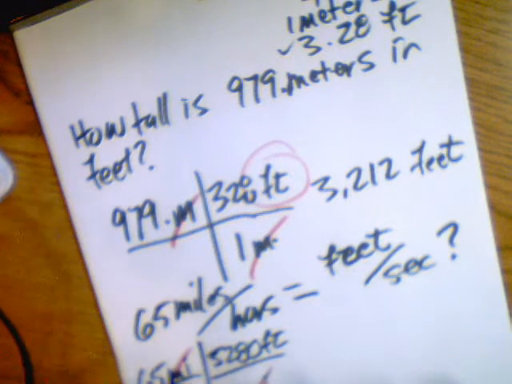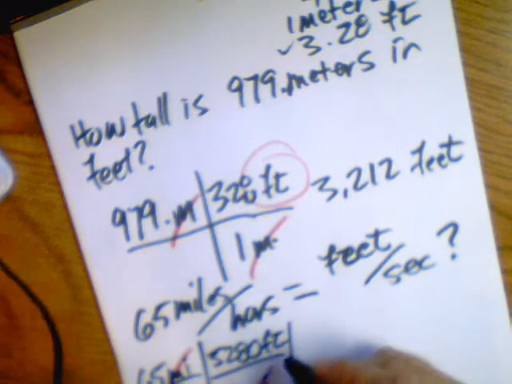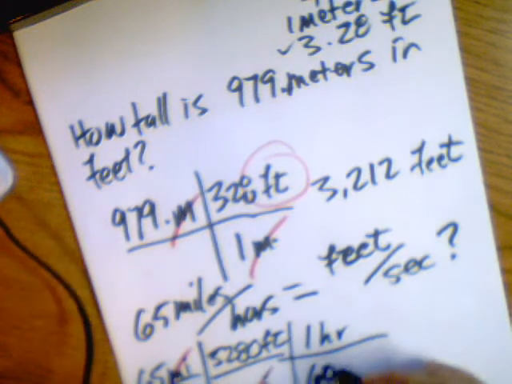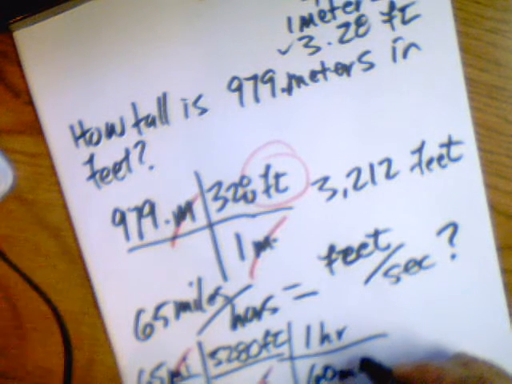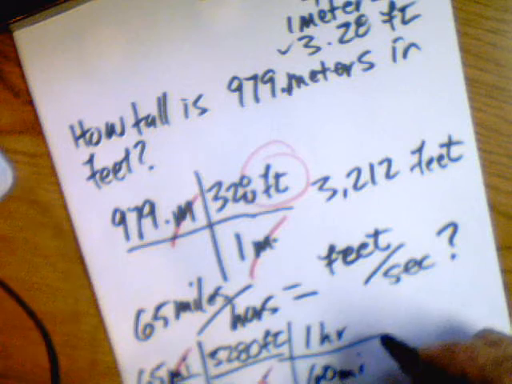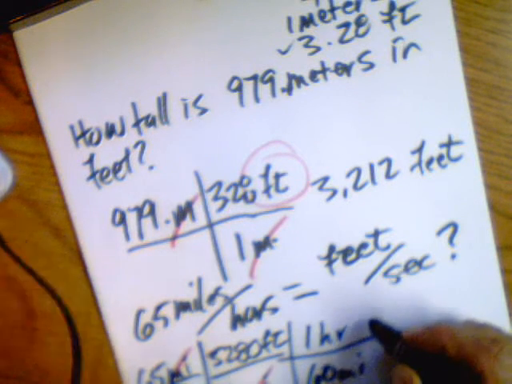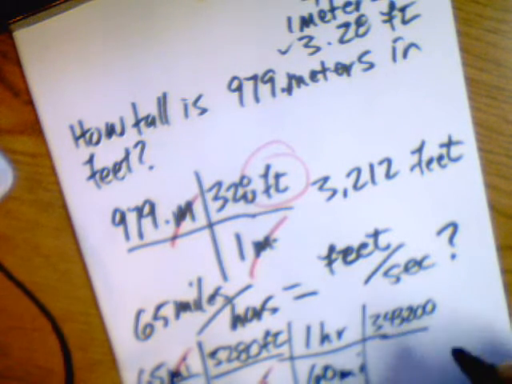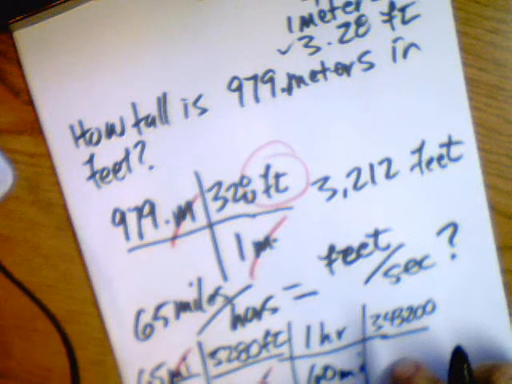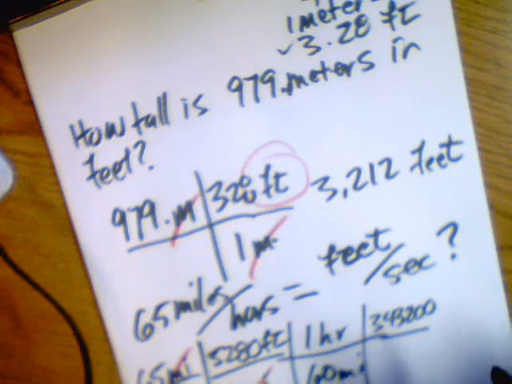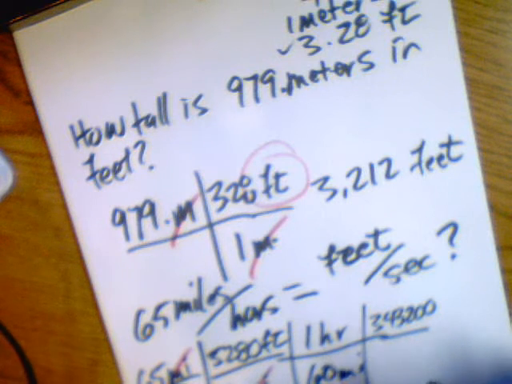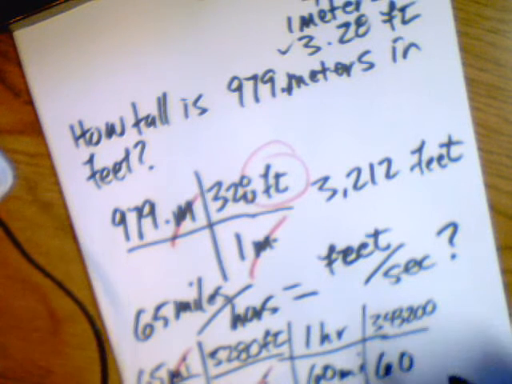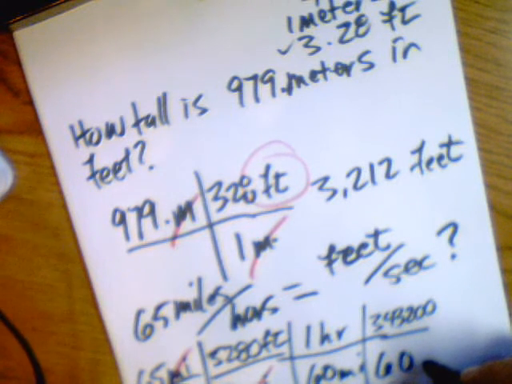And in this case, we're not finished because we still have time we want to work with as well. Multiplying these two together, we're down to feet per hour, but there are 60 minutes for every hour.